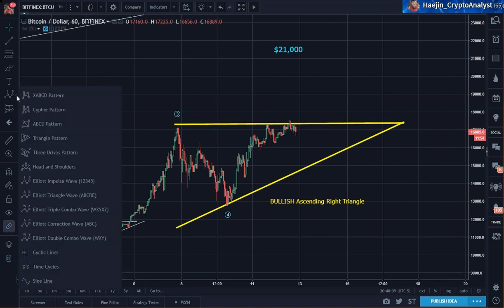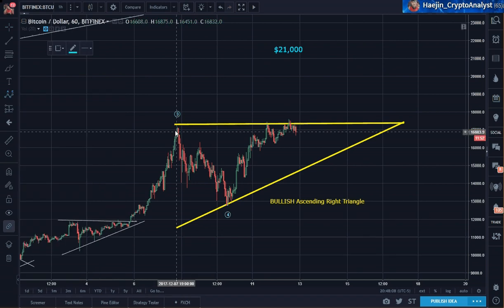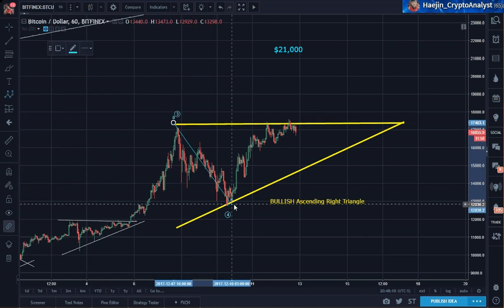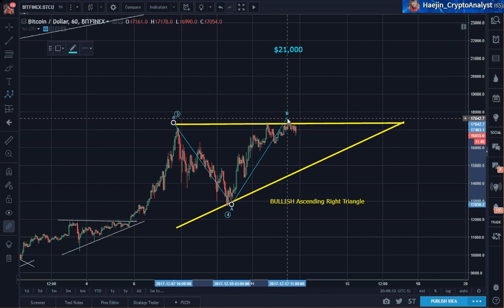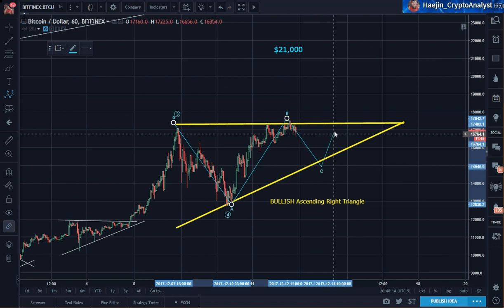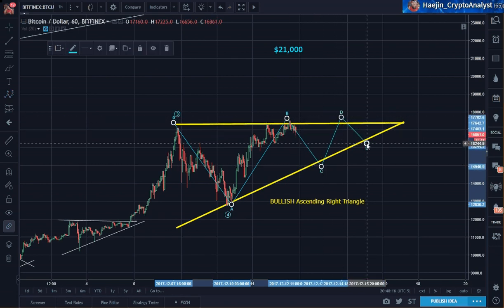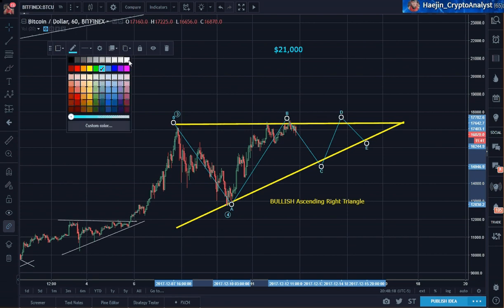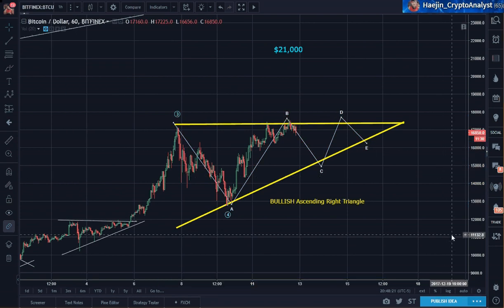So I can see this going like this. A, B, C, D, E. Beautiful. Look at that. And this is very bullish.